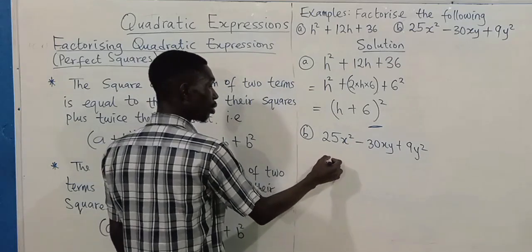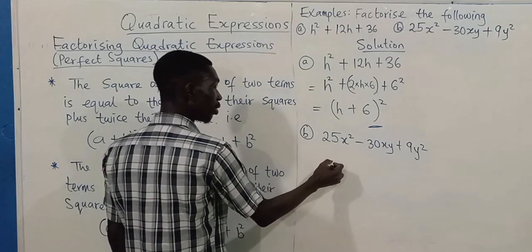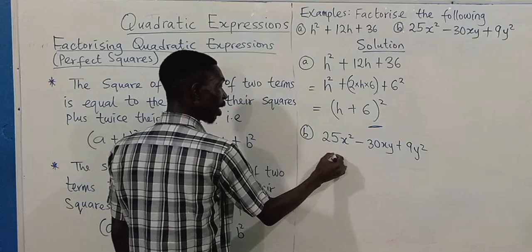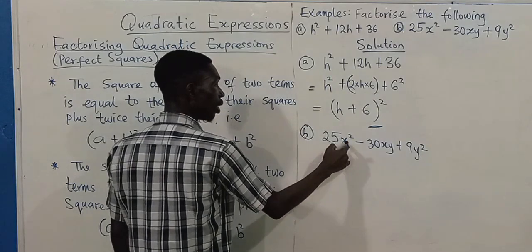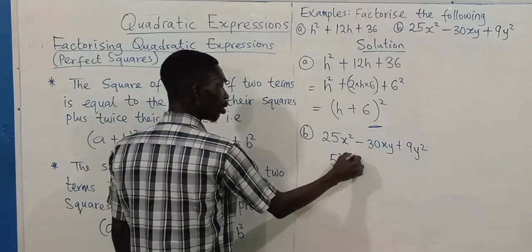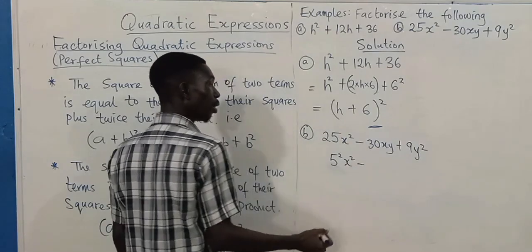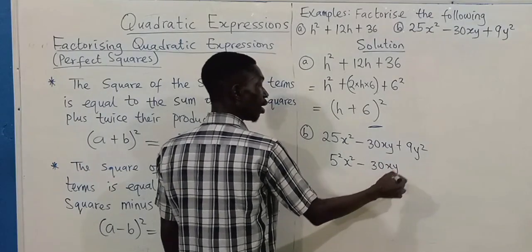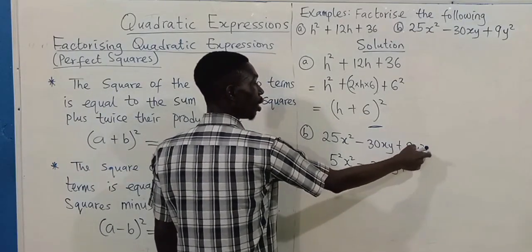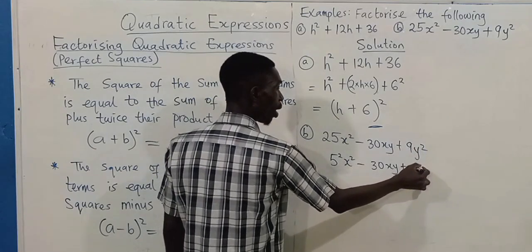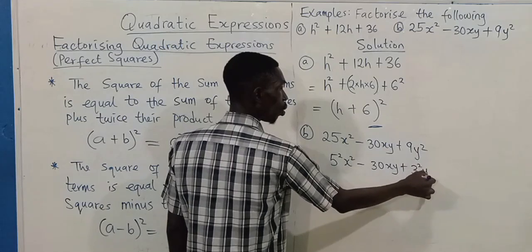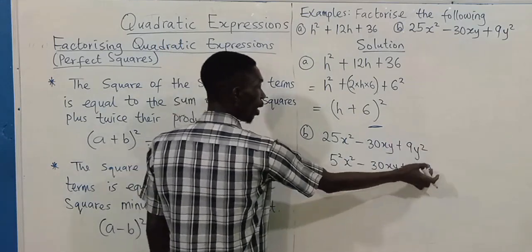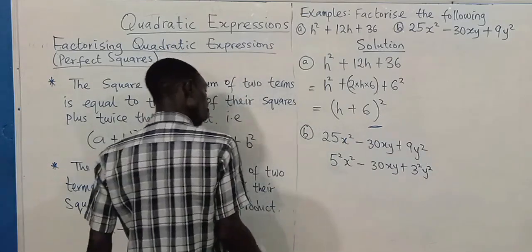So here, because I can express 25 as 5 squared, and here x squared, minus, I'll leave it as my 30xy first, plus I can express 9 as 3 squared and y squared.